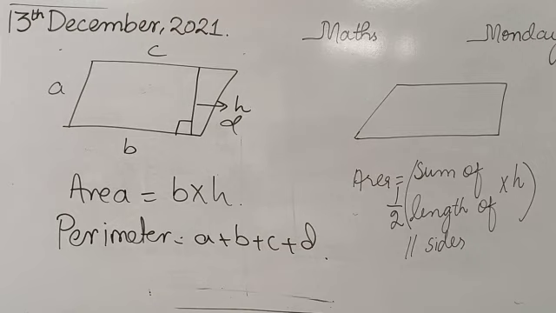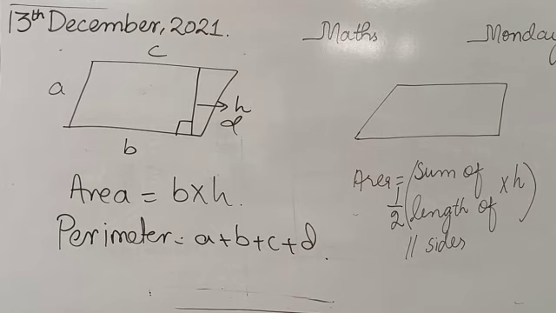This is perimeter. Now students, your assignment is uploaded on Google Classroom. You can go and check and solve this assignment in your neat copies, and if you find any difficulty, you can ask me. I am here to help you. Assignment is exercise 13A, questions number 1, 2, 3.